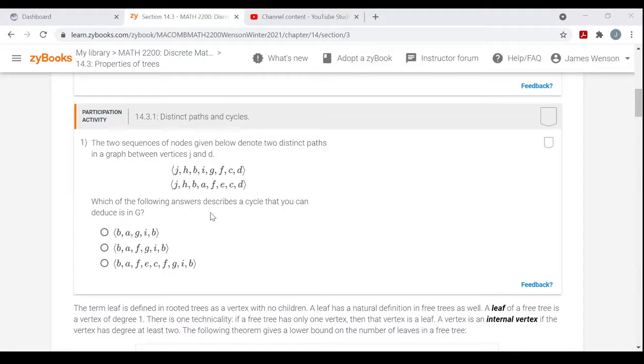And if the graph is not a tree, that means the graph has a cycle. So looking at these, what could we deduce is a cycle in this tree? In fact, I am going to draw this out, and we can see what cycle we can see in the graph from these particular paths given to us.